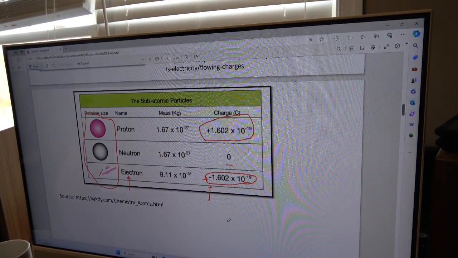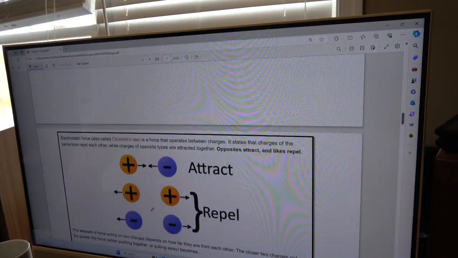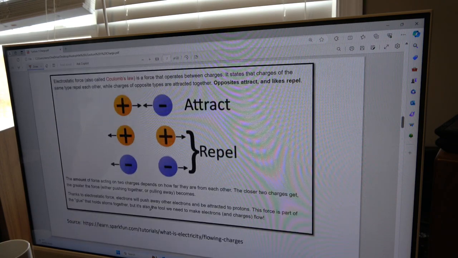All right. Again, being repetitive because it's important. Opposite charges attract. So we have a proton, we have an electron, they're attracting. Now, if you had two protons near each other of the same charge, they're going to repel.